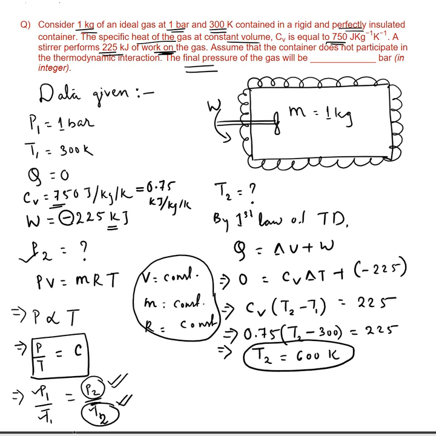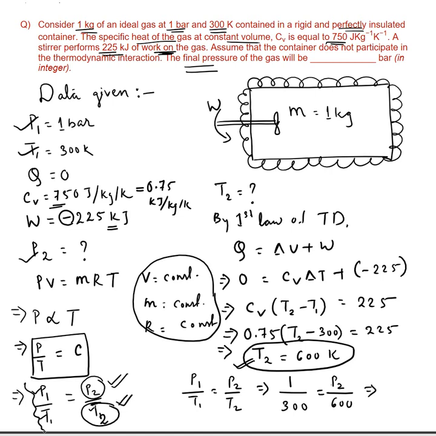Now substitute the value of T2 in this expression, P1 by T1 equal to P2 by T2. P1 is 1 bar, T1 is 300 Kelvin, equal to P2, which we have to find out, over T2, which we have now found to be 600.